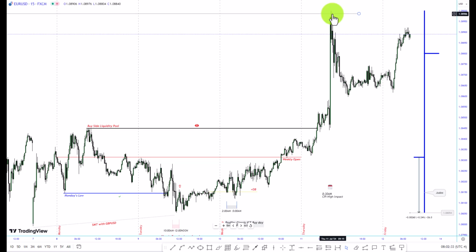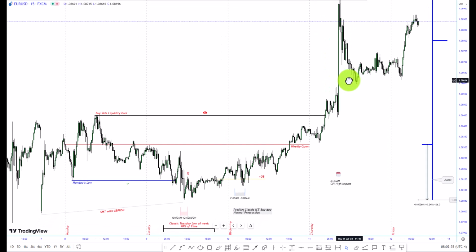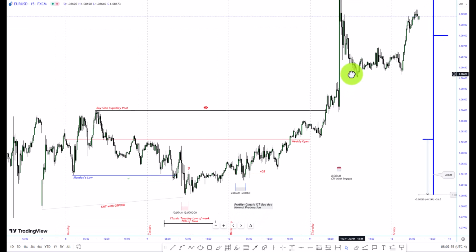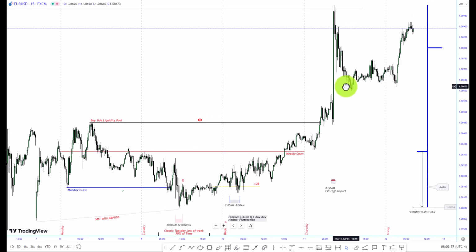Now ideally we should expect the capping of the weekly range on Thursday, but if the market still has an unfulfilled objective, maybe a liquidity pool, we can have it on Friday, either London or New York Open. But most of the time we should expect the capping of the weekly range to happen on Thursday.